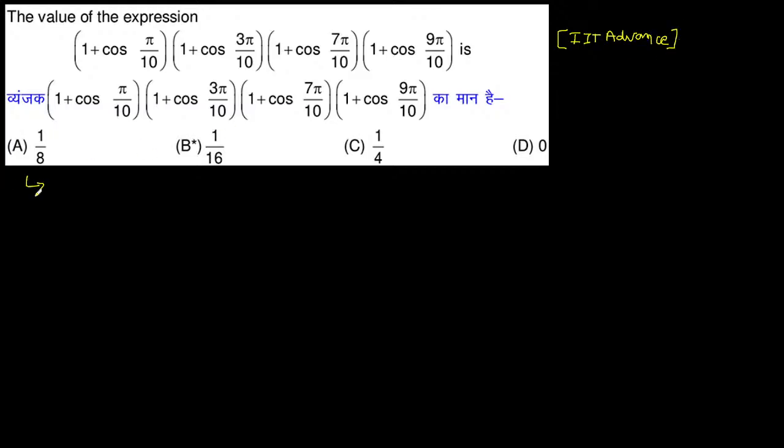So very good question. Should we expand? Should we multiply with something? Okay, so I got the trick. 1 plus cos pi by 10. This is 1 plus cos 3 pi by 10. And if you see, 7 pi by 10 plus 3 pi by 10 is pi.